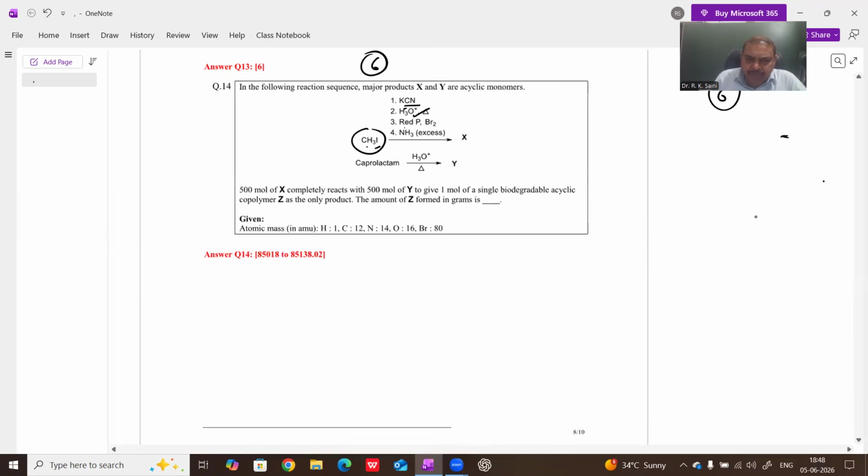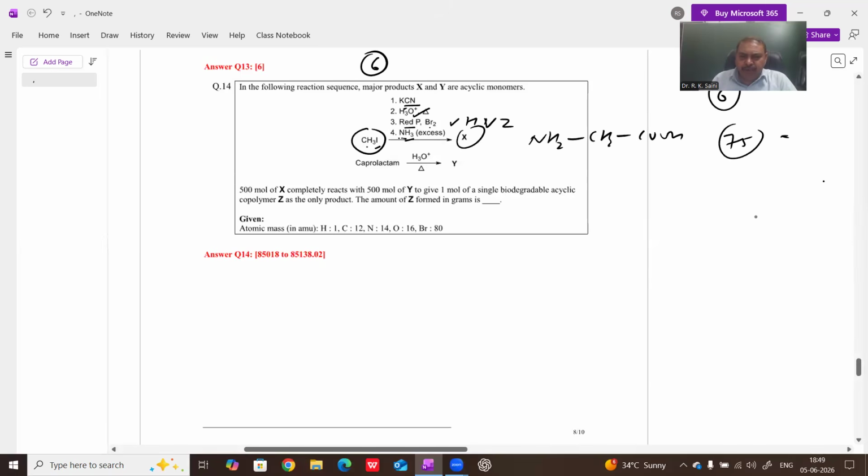On reaction with red P, this is known as HVZ reaction. Therefore, alpha H replaced by Br, with ammonia, then Br replaced by NH2, and as the X is glycine, NH2 CH2 COOH. Find its molar mass. Its molar mass is 75.